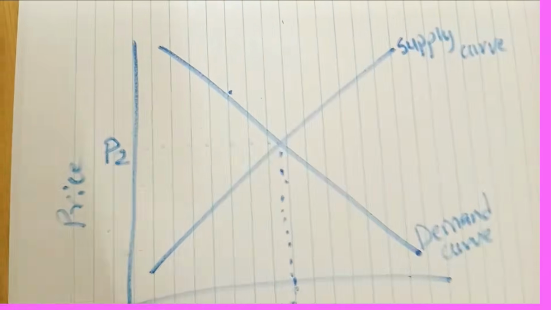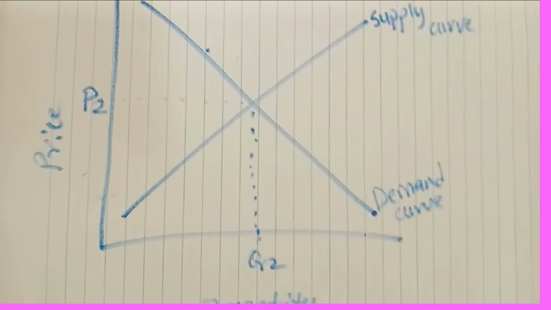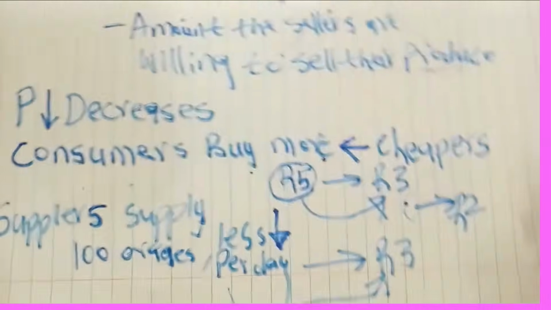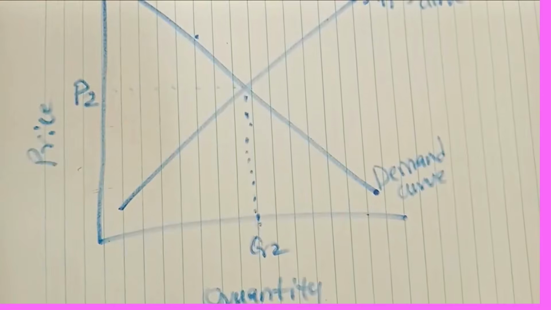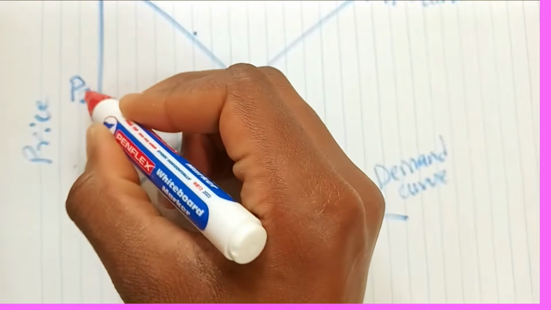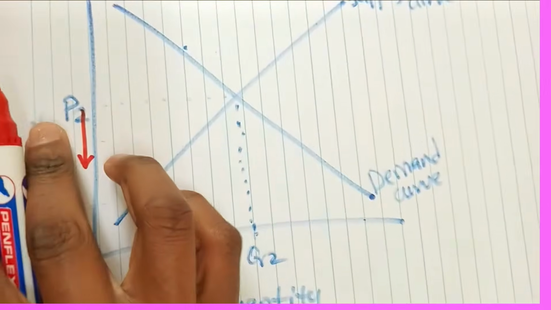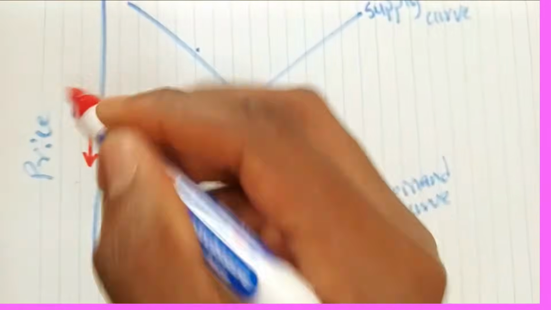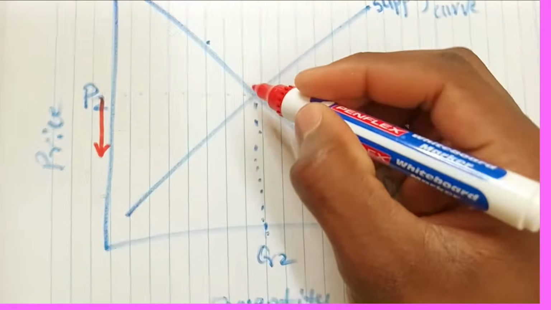Yes. Okay, so now I will try to explain this using a graph. They said the price decreased. That means the price decreases from P2, this is our original price, the equilibrium price.